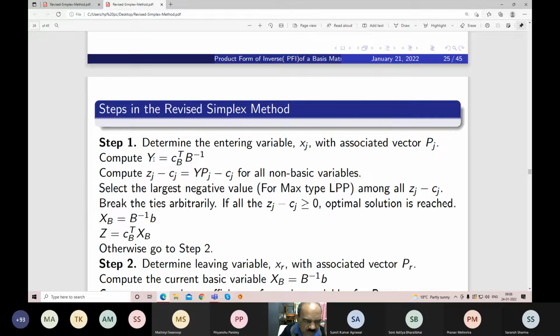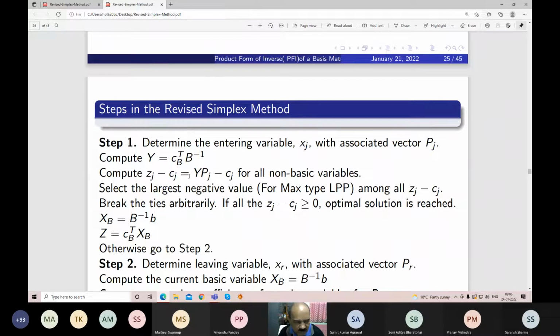Now, the next computation is Zj minus Cj. That is the value of the indicator row element Zj minus Cj. Why is it required? If you find there are some negative elements in the indicator row, we select the most negative element.